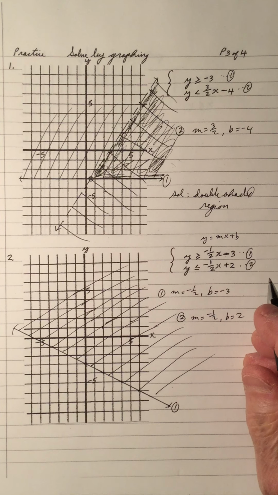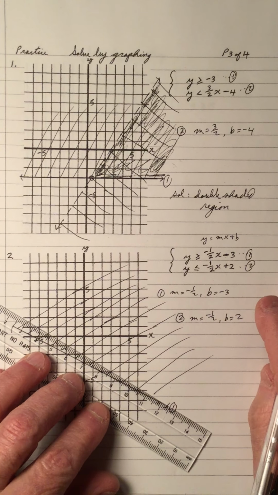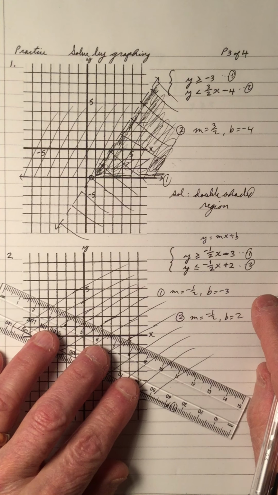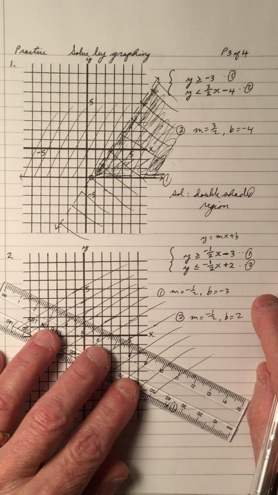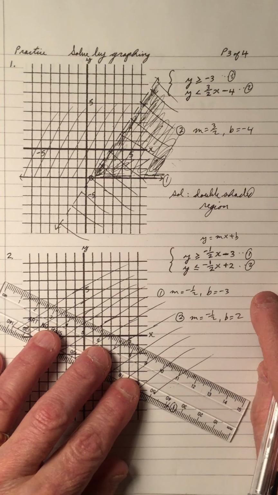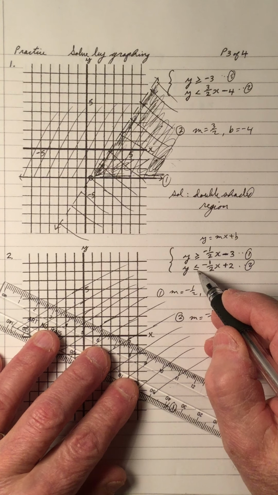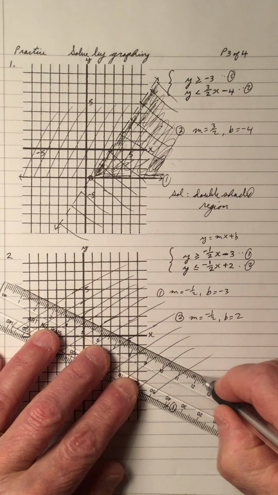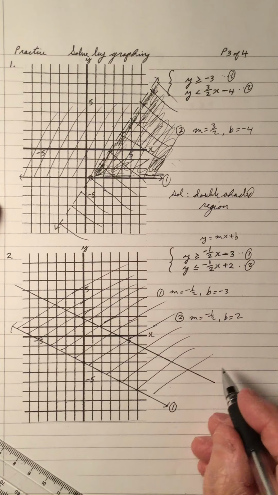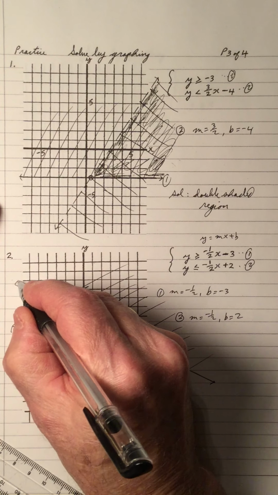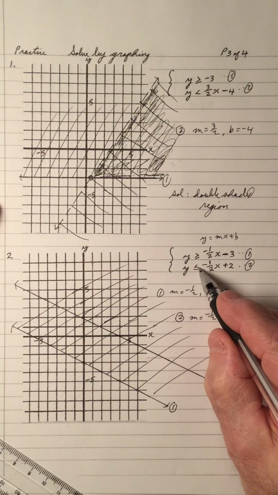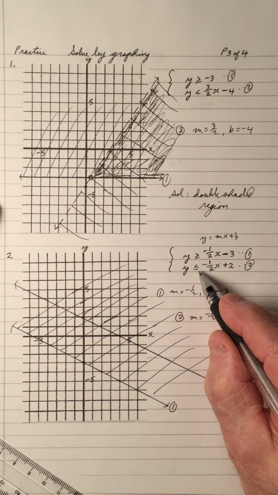So if I plot the line going through all of these points, there I am, right there, and this line has an equal sign, so this boundary line is solid. So there it is, showing you that it's solid. And this is number 2, boundary line, and I have to shade all the points below this line.